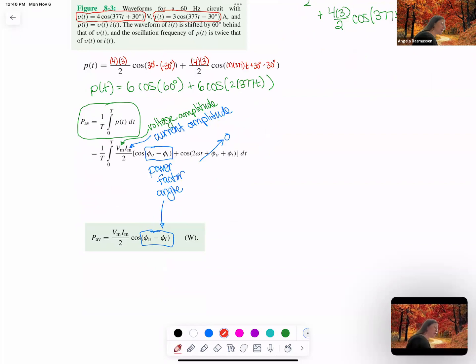And so we don't have to actually integrate it. All we have to do is use this formula. So amplitudes of both divided by 2 times the cosine of the angle difference between the voltage and the current.